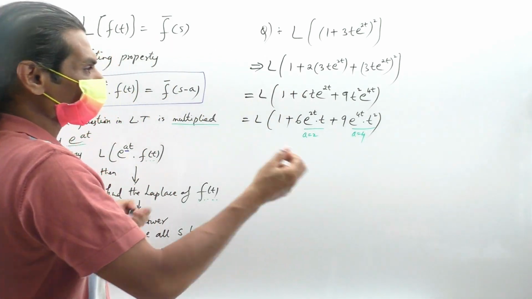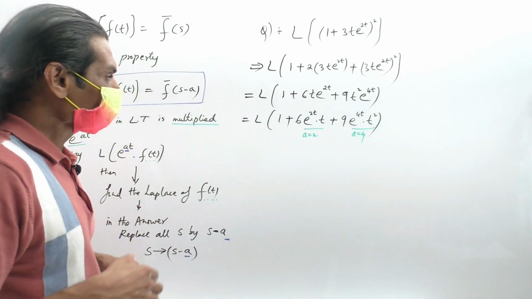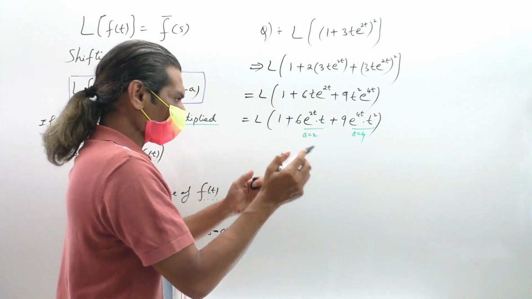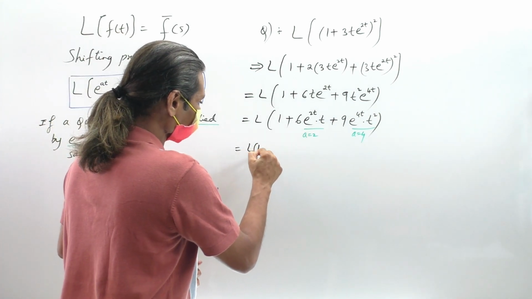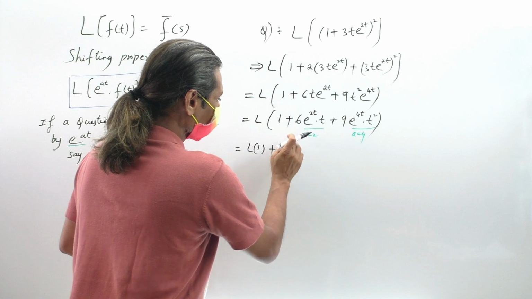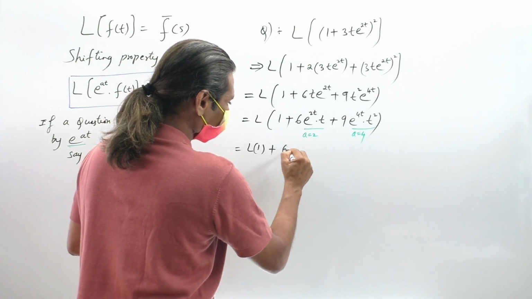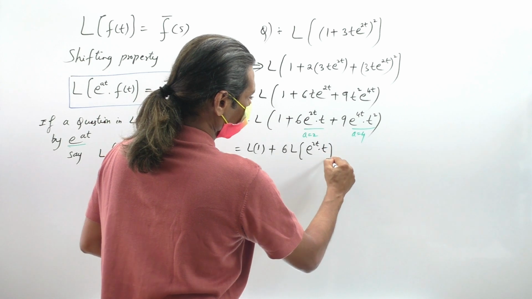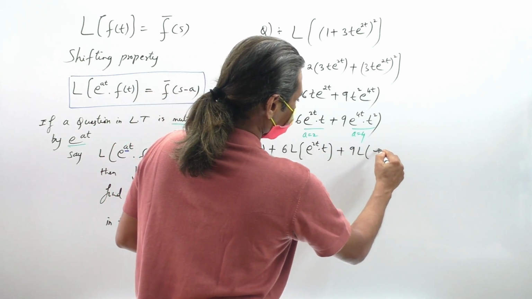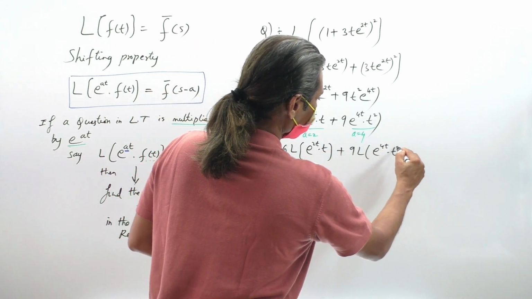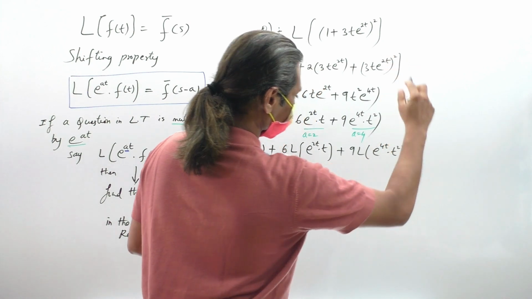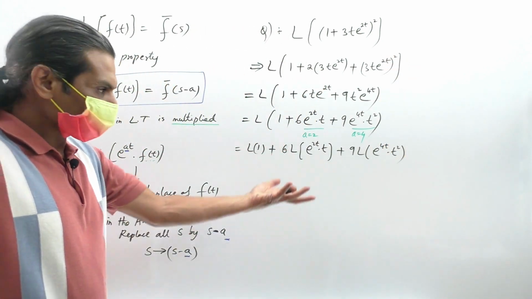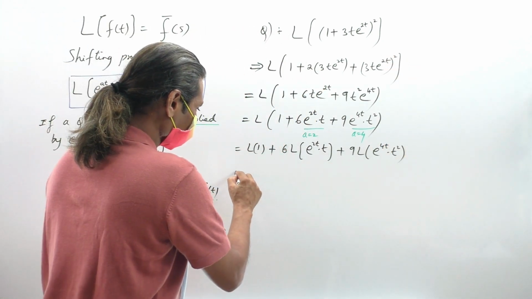Now you know how to solve this. So let's do it. Let's separate it first. So we have Laplace of 1 plus, I take 6 as a constant, right? I take 6 outside. Laplace of e raised to 2t into t plus 9 into Laplace of e raised to 4t into t square. Now, easy. So we have Laplace of 1.